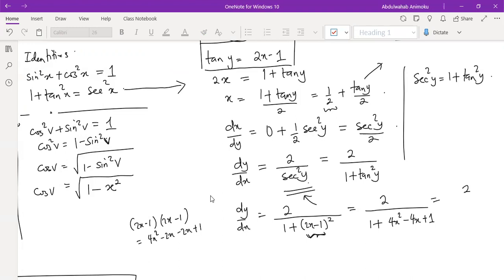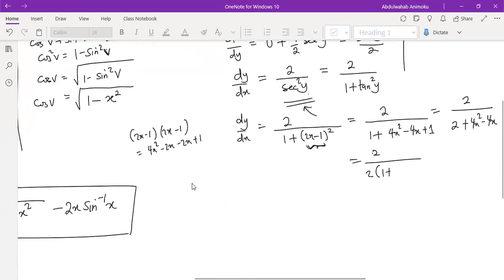So basically your final answer would be 2 over 2 plus 4x squared minus 4x. 2 is common, so you can factorize 2 out, which is 1 plus 2x squared minus 2x, right? And that will give us 1 over 1 plus 2x squared minus 2x. And this will give you your final answer, right? Okay, so this is the dy dx.